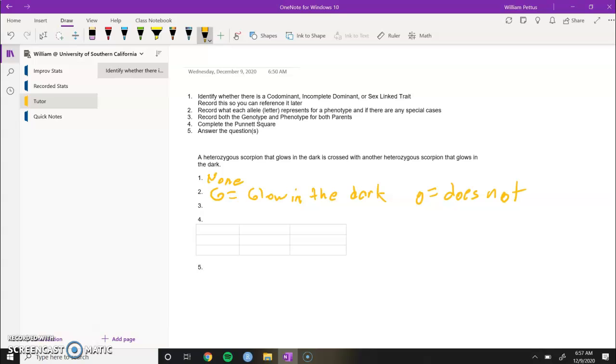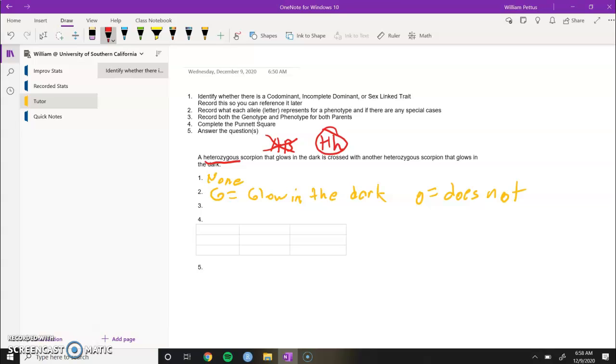And I know that glow in the dark is dominant because a heterozygous here, that can either be two capital letters or it can be a big letter, small letter. And since we do not have codominance, we can cross that one out. So we know that that is our option here.